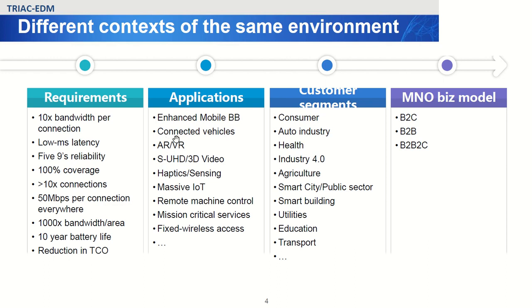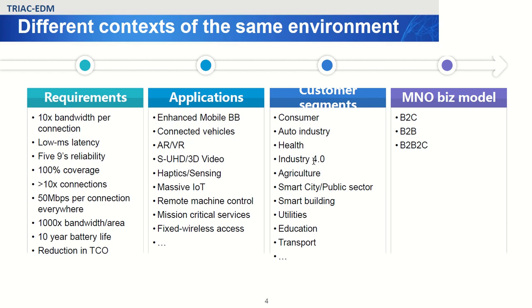and also enhanced mobile broadband, connected vehicles, AR, VR, augmented reality, virtual reality, 3D view, ultra high definition video, haptics sensing, massive IoT, remote machine control to automate a lot of things that serve our lives better. Mission critical services, fixed wireless access, and customer segments: consumer, auto industry, health, and industry 4.0.